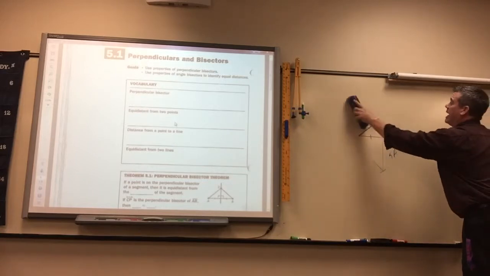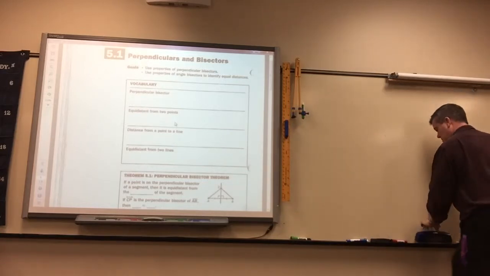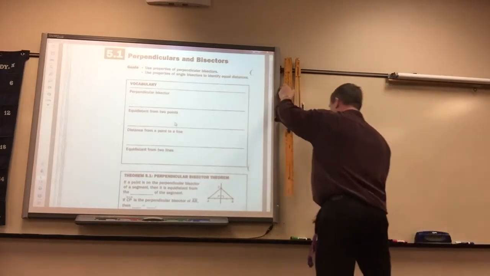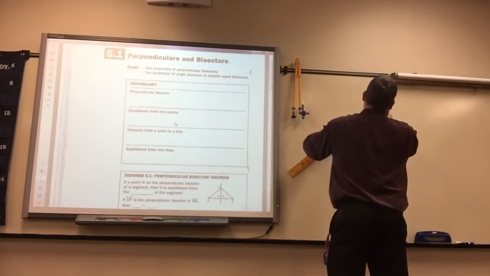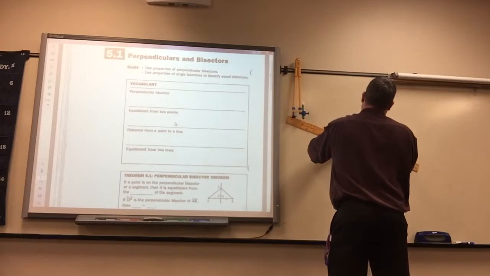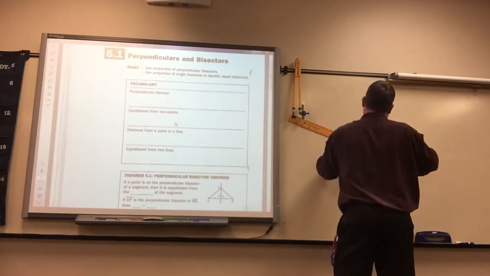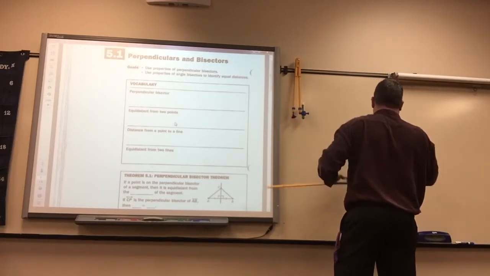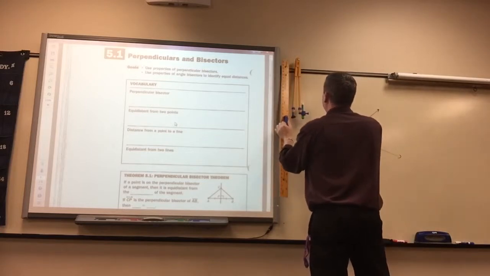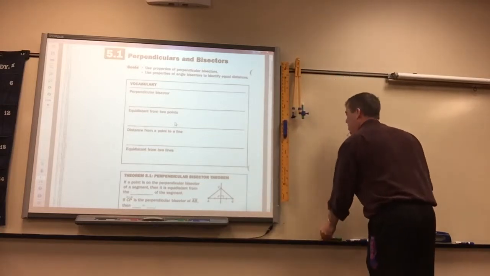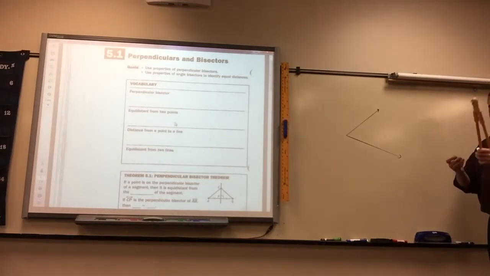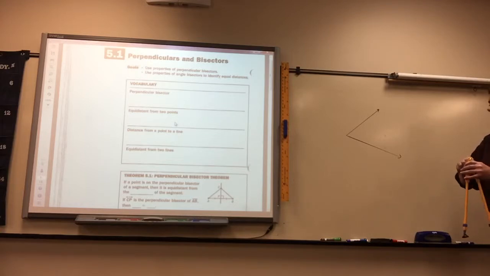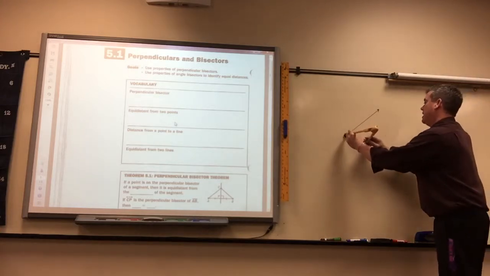Then the angle bisector. Again, we did this construction. So the way you make an angle bisector is from the vertex, you just make any arc.